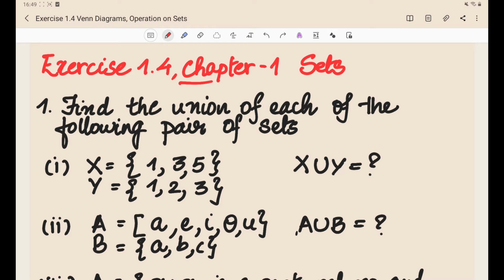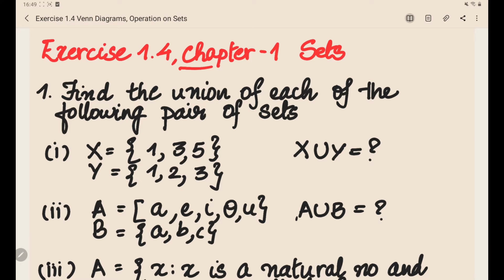The first problem is: find the union of each of the following pairs of sets. So X is given, Y is given, and you have to find X union Y. What is actually X union Y? Union is the elements which belong to set X or belong to Y. You don't have to repeat an element.